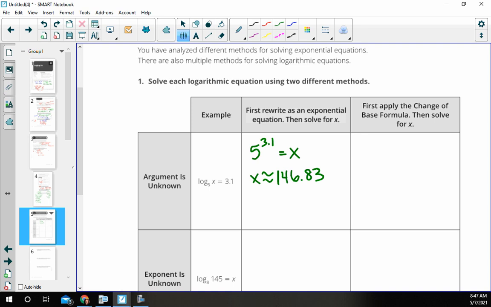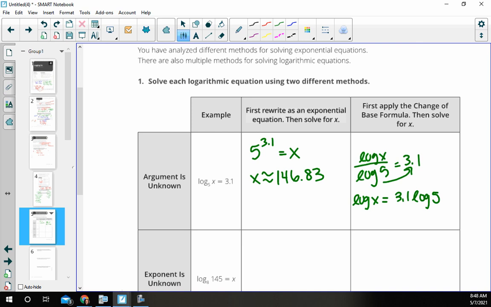All right, so I could do my change of base formula. So I would be doing log of x divided by log of 5 is equal to 3.1. Okay, so I can multiply him over. So I have log of x is equal to 3.1 times log of 5.